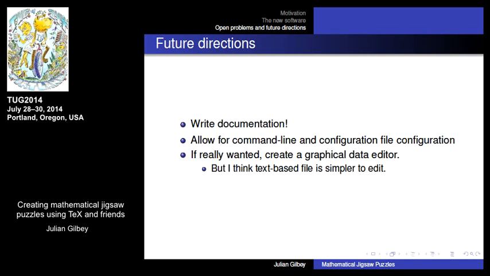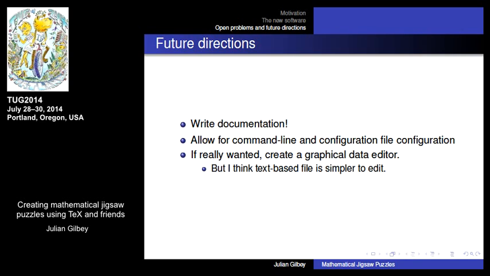I'll come back to that in a second. I'll open the floor for any advice. What I still need to do once I've figured that out is write some documentation so that somebody other than me can use it. I want to allow for some command line configuration. So that's the other thing I'd like to know: is there a standard configuration file that goes with this, where should it live on the different operating systems?